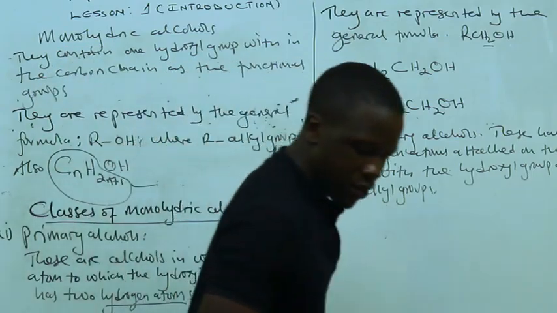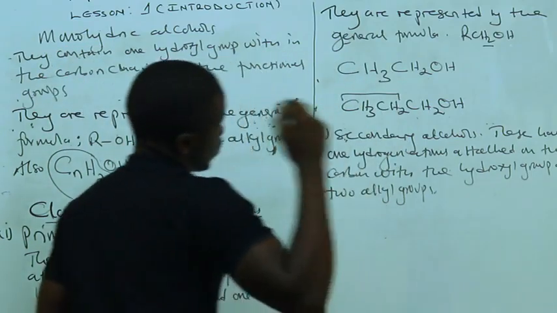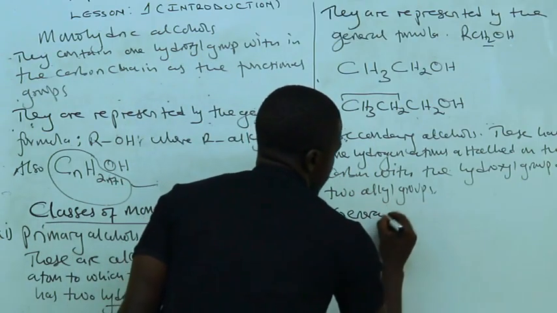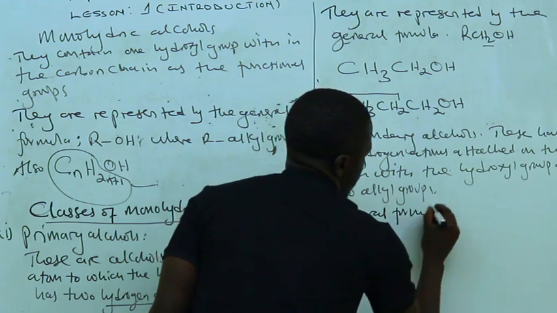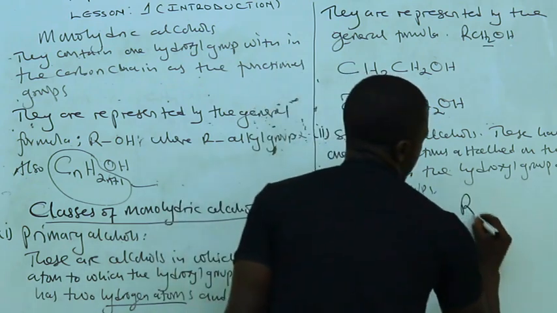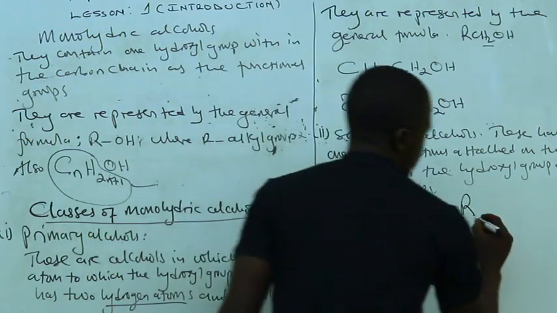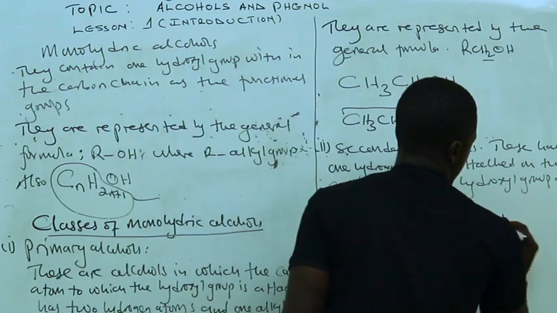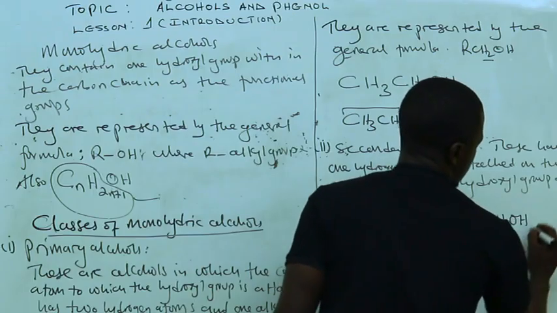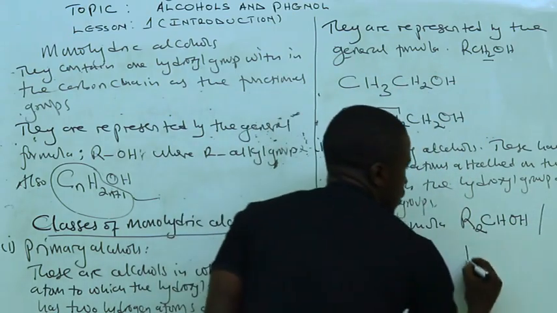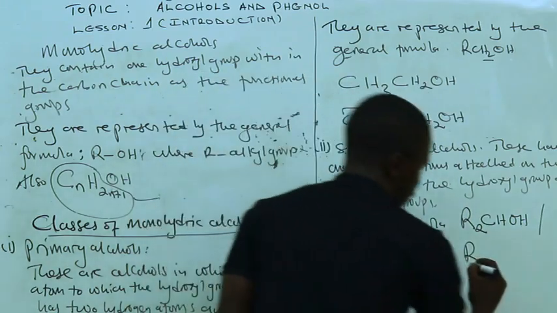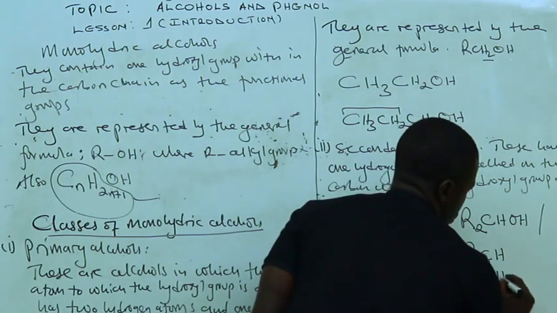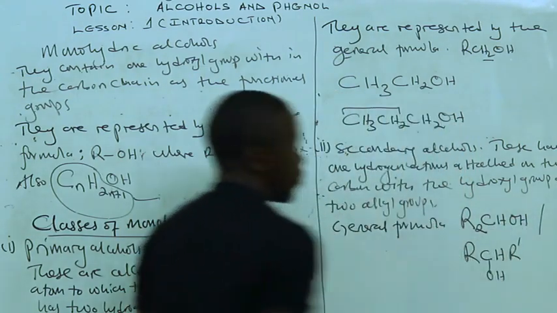So in this case, you look at the general formula: R2CHOH if they are the same, or if they are different alkyl groups, then we have RR'CHOH.